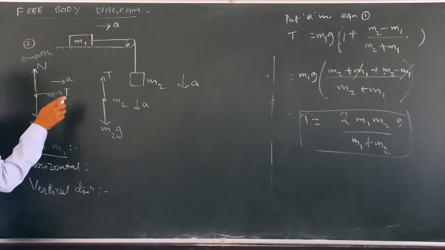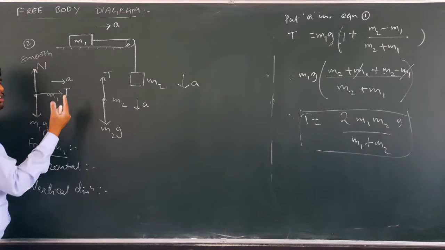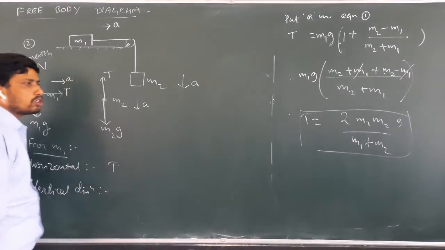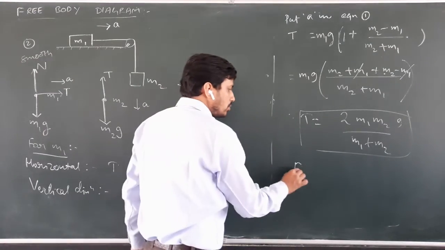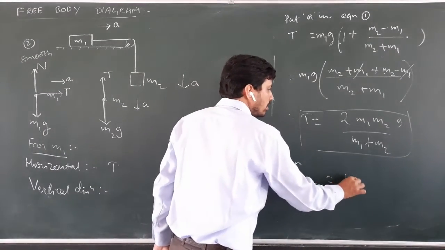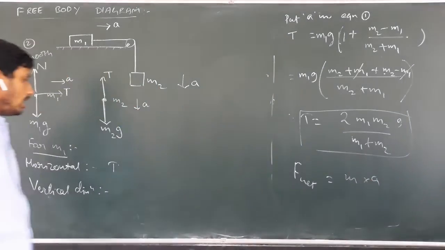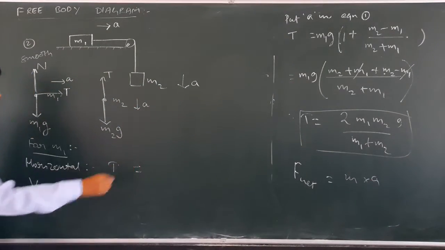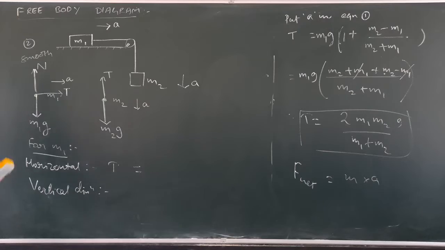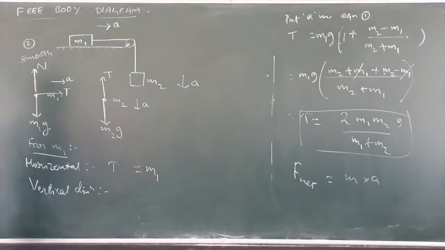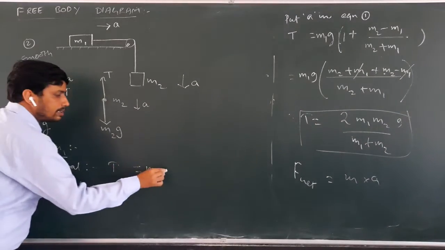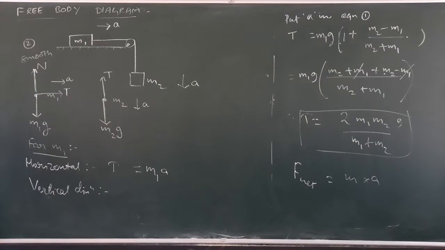In horizontal direction, how many forces are there, students? There is only one force, so total force becomes T. We have to apply this formula, net force is equal to mass into acceleration. So T is equal to mass. What is the mass? m1. What is the acceleration? A. This is the equation, as simple as that.